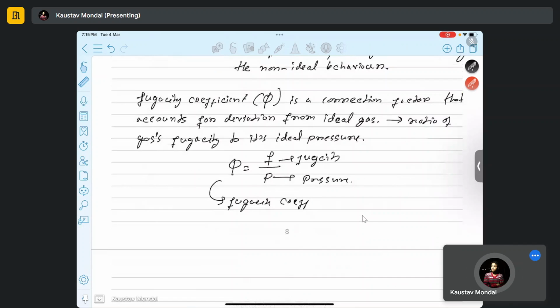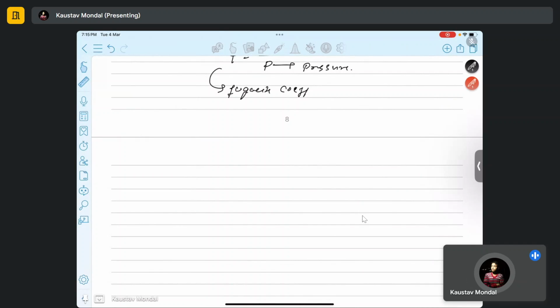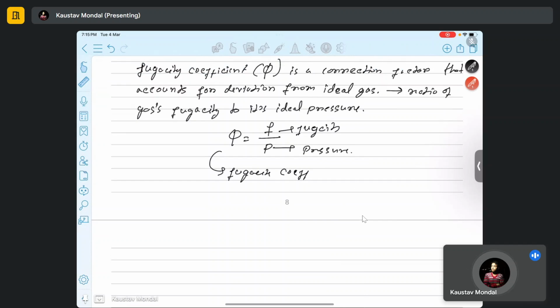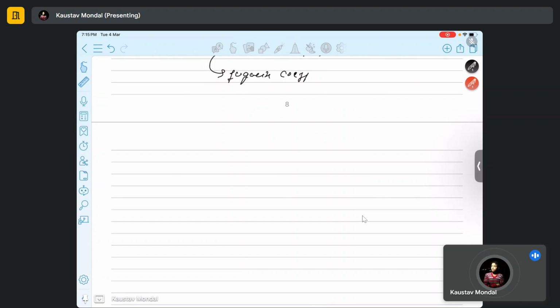Now in the problem, for a van der Waals gas, there is another expression for the fugacity coefficient.